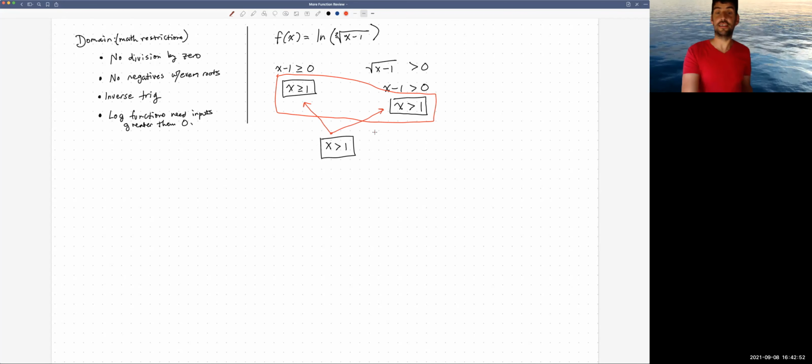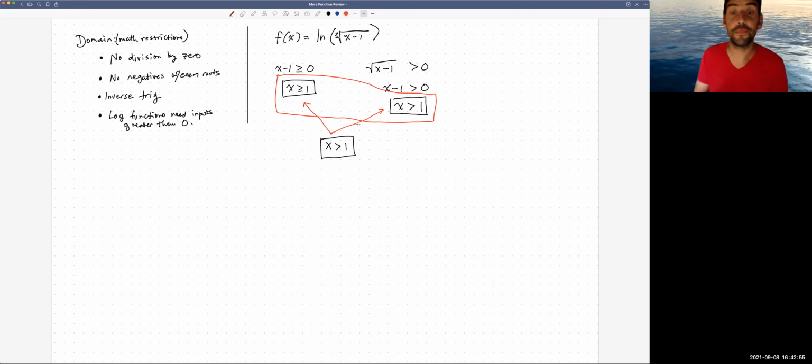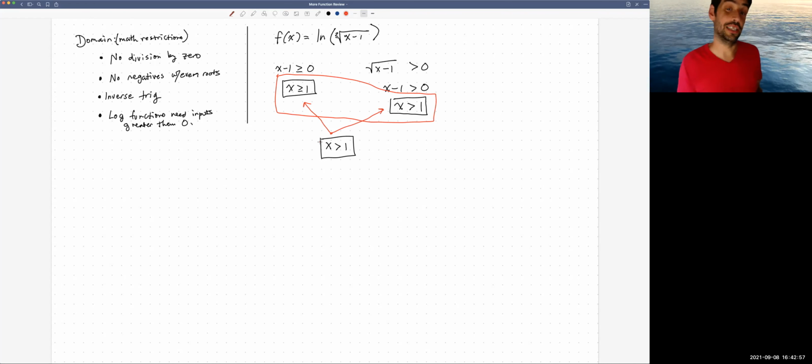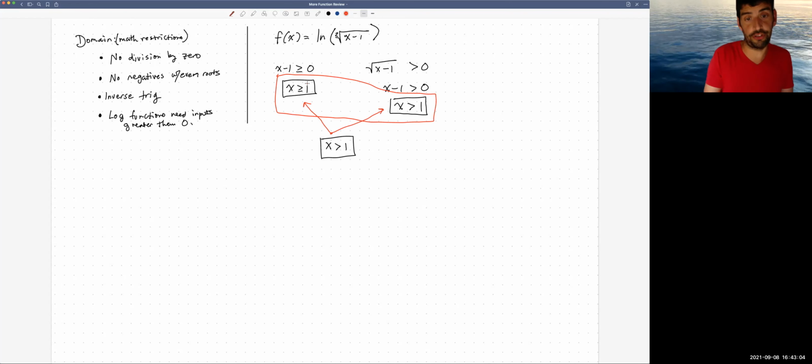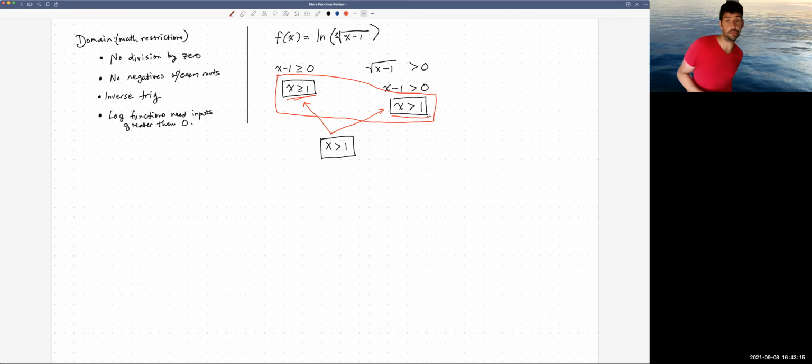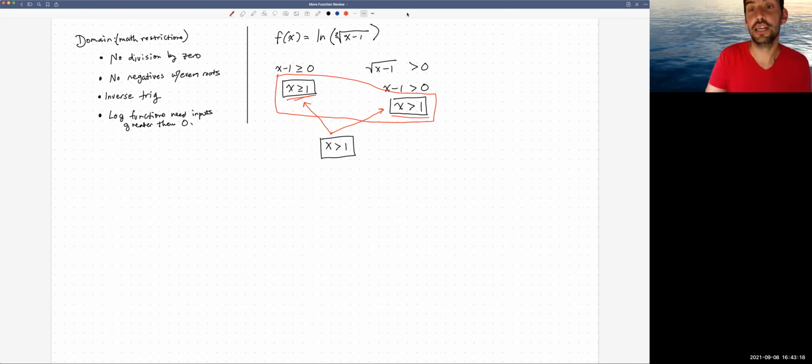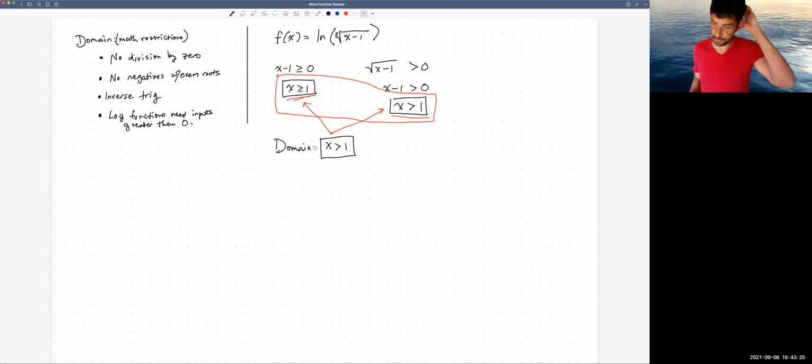If we pick a number greater than 1, like say 2, is that greater than or equal to 1? It is. If we pick another number greater than 1, like a billion, it also satisfies x being greater than or equal to 1. If we try to include 1, that satisfies the condition on the left, but it breaks the condition on the right, and we need them to be true. And so the number 1 can't be included, and so our domain is strictly the numbers greater than 1.